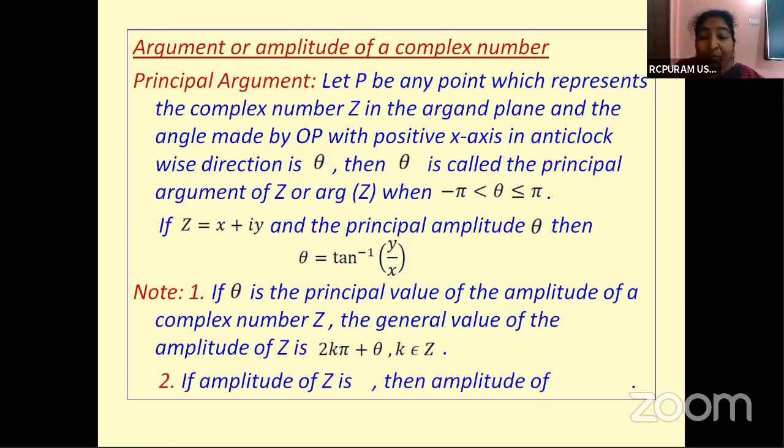Now, if the amplitude of Z is theta, then the amplitude of the conjugate of Z is always taken as minus theta.